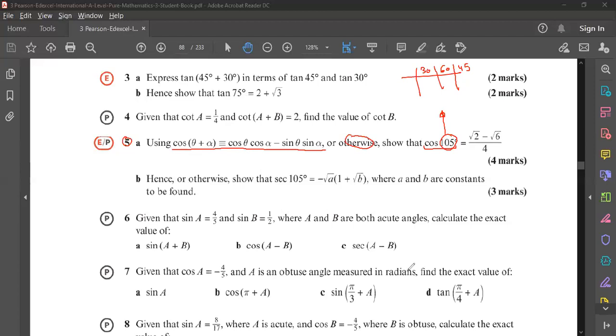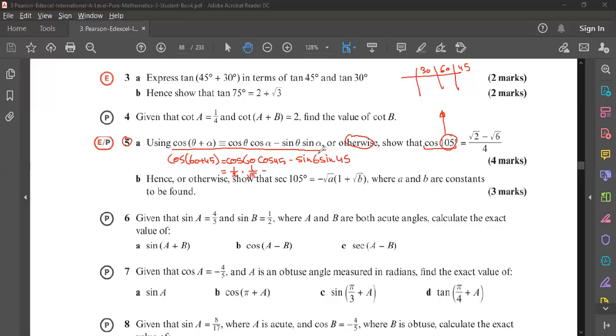60 plus 45. So I will do cosine (60 plus 45), and let's substitute. That's cosine 60 cosine 45 minus sine 60 sine 45. So cosine 60 شو قلنا؟ Half.